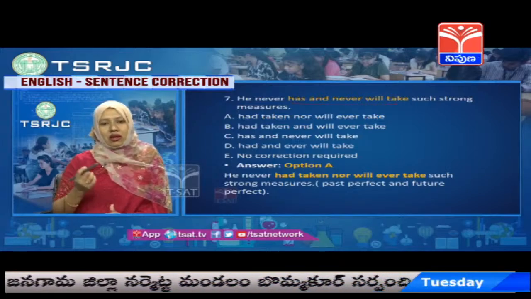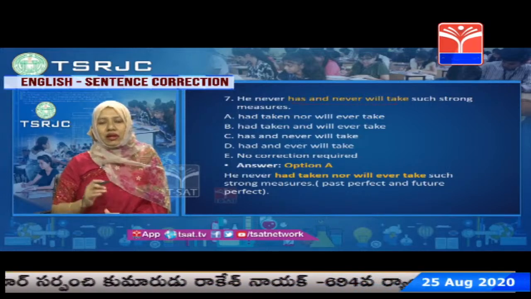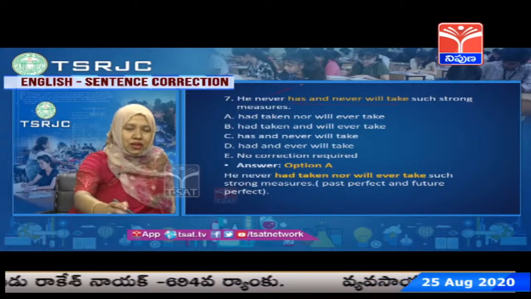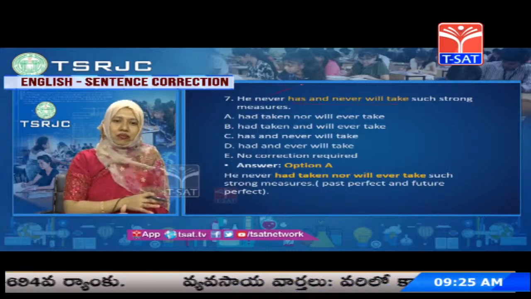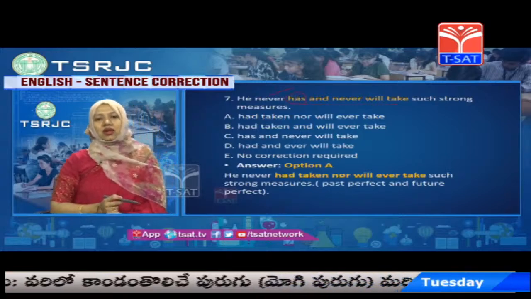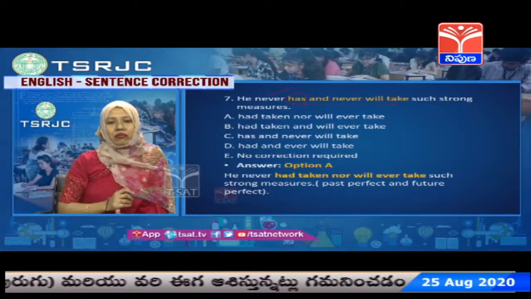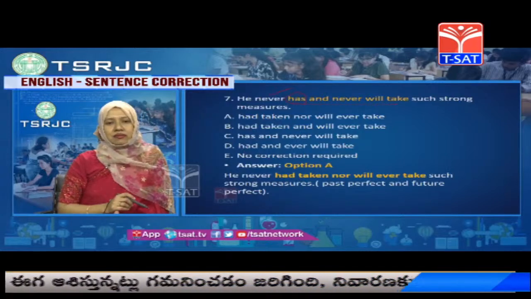Now how to identify the mistake? In "He never", never is used. So never means something in the past. You cannot use has. When you are talking about past, you cannot use the helping verb has, the have form of verb. You should use past tense.